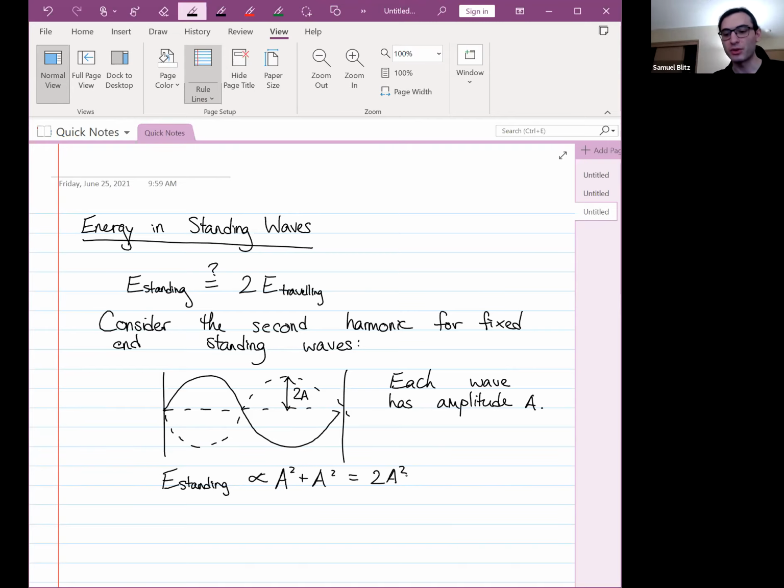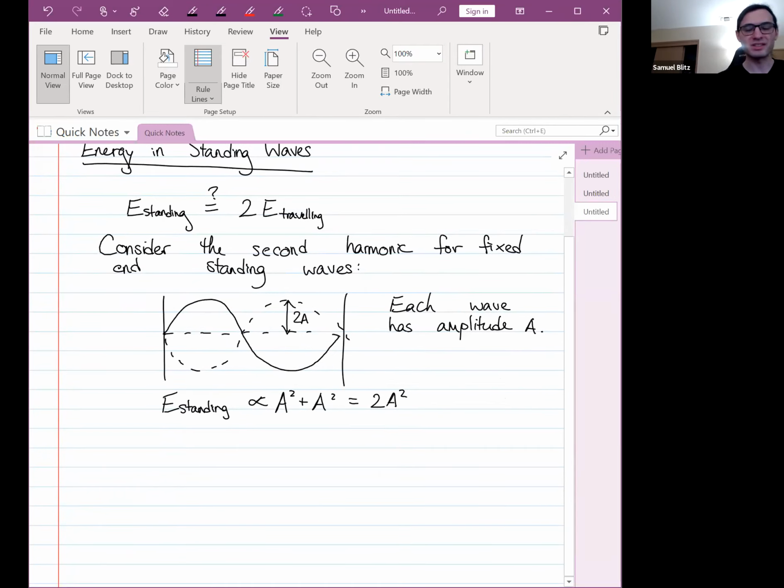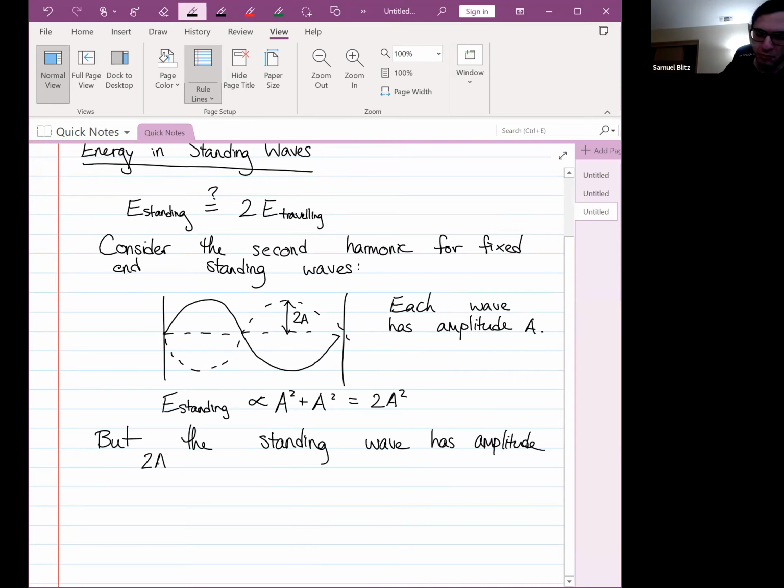So if you double the amplitude of each of the traveling waves, you double the amplitude of the resulting standing wave. But the standing wave itself has an amplitude. The standing wave has amplitude 2 times A. So wouldn't the energy just be proportional to that amplitude squared?